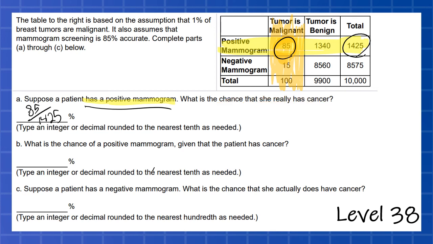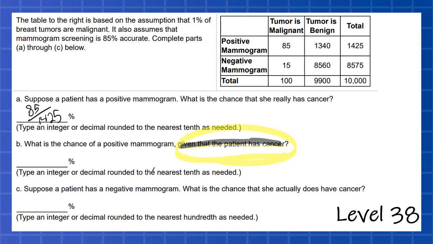It says, what is the chance of a positive mammogram given that the patient has cancer? So what is my context? Is my context that they have a positive mammogram or that they have cancer? It says given, which is our giveaway for what we're looking at here.